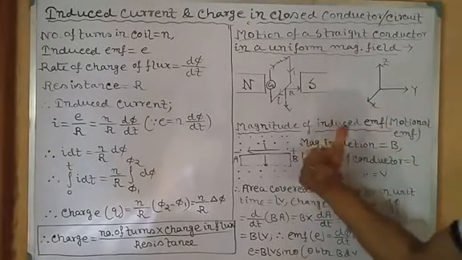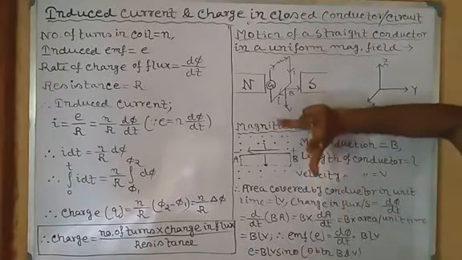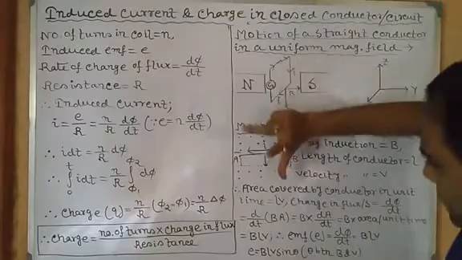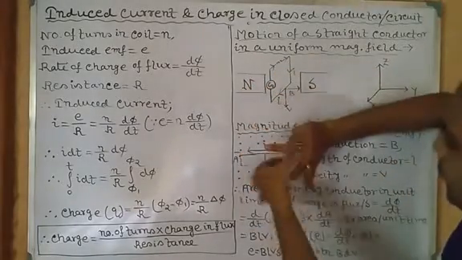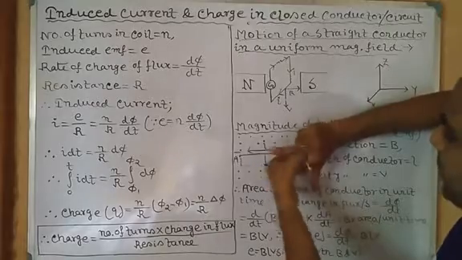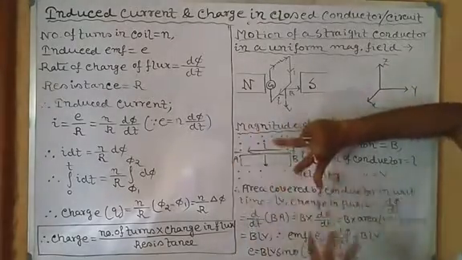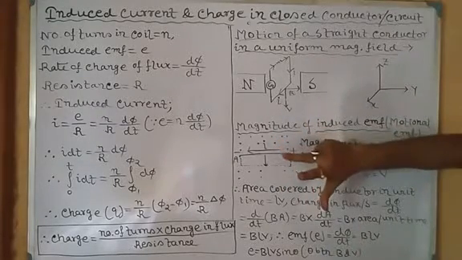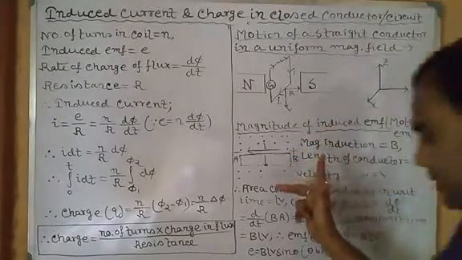This is the direction of the magnetic field, acting in this direction. The conductor is moved in the downward direction. So in which direction will the current be induced? The direction of induced current is in this direction, which can be easily determined by using Fleming's right hand rule.